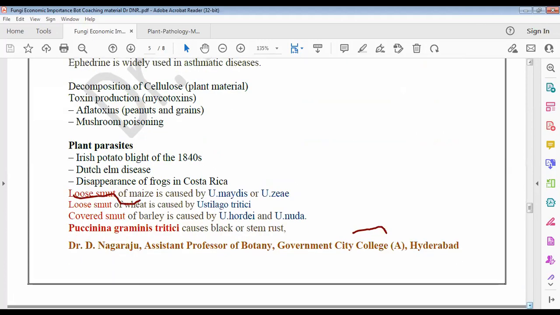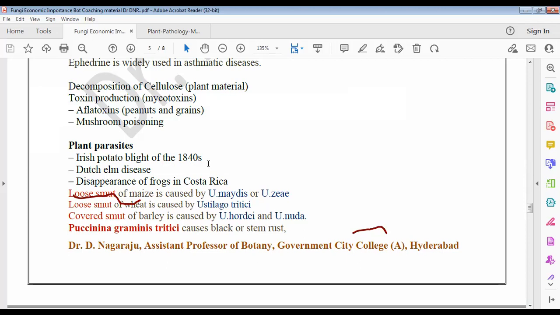And we are going to the historical aspects. The Ireland famine was caused by late blight of potato, caused by Phytophthora infestans. It caused the Irish famine in 1845 to 46, two years.